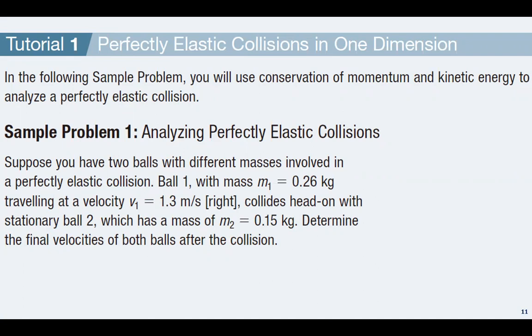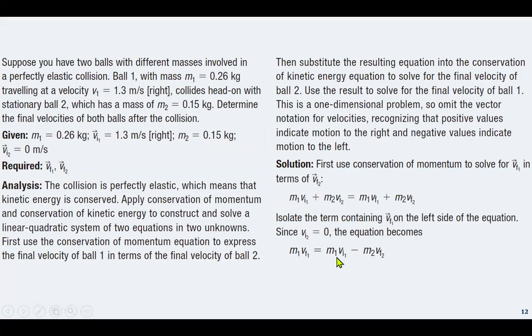Isolate the term containing VF1 on the left side of the equation. Since VI2 equals 0, the equation becomes M1 VF1 equals M1 VI1 minus M2 VF2, as shown here.